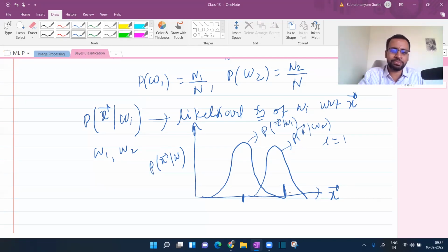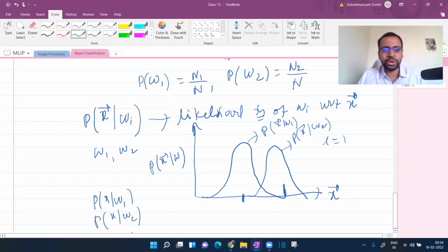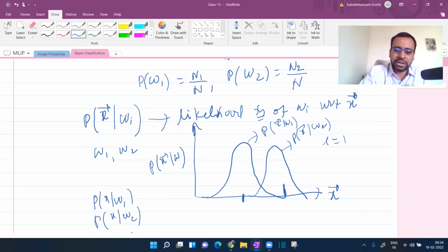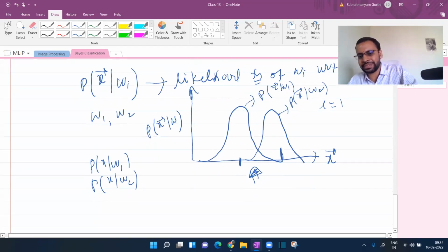After that, I will ask you what is the probability of X given omega 1, and I ask you to compute the probability of X given omega 2. Will you be able to give me these values? Or even a question before that, will you be able to give me this plot now? I have given you sufficiently large training samples.